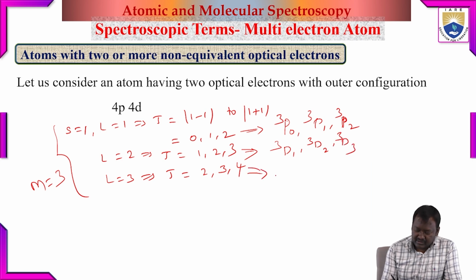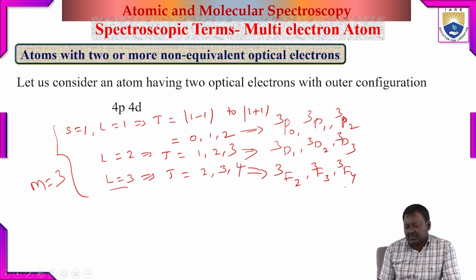And here, multiplicity is 3, L is 3 means F, and J values are 2, 3, 4, that means 3F2, 3F3, 3F4. So there are three terms for each L value. And these terms again split based on the J value.